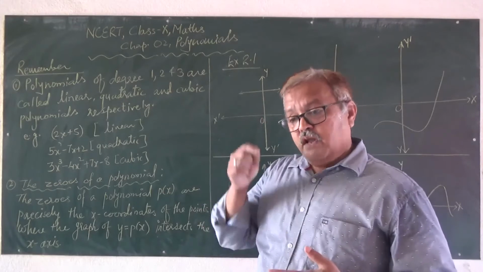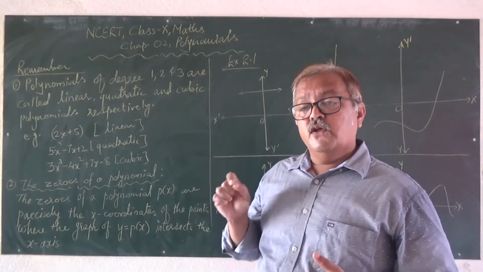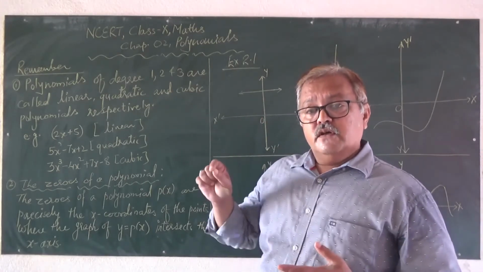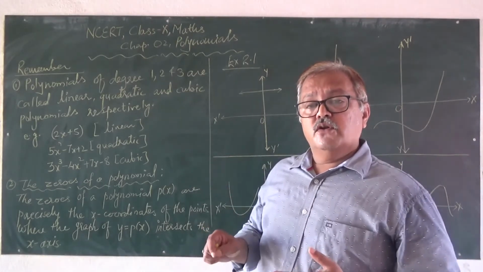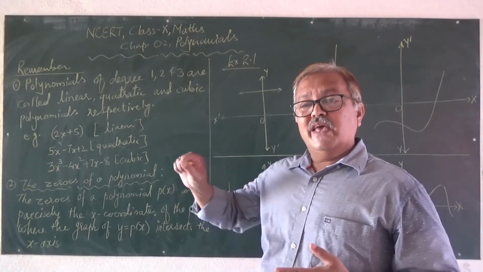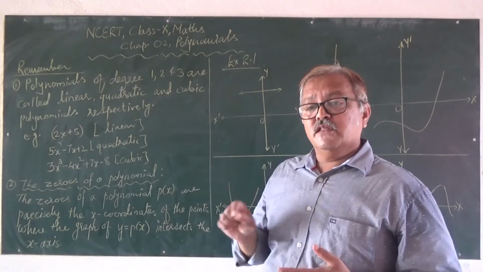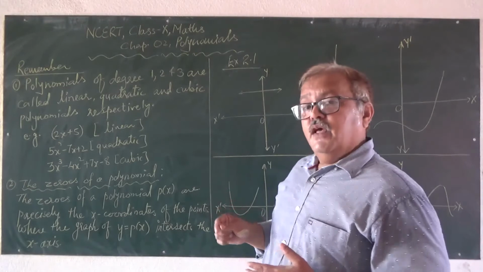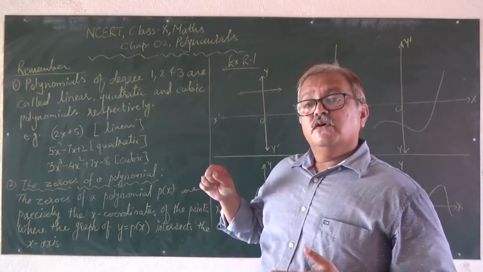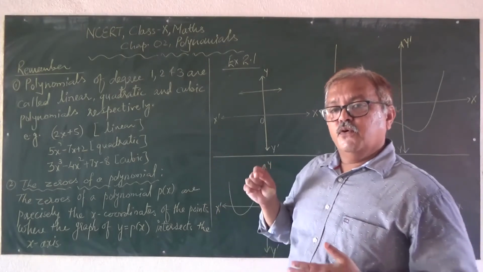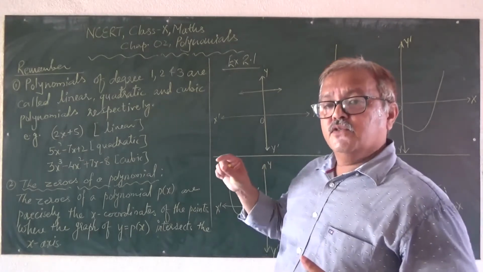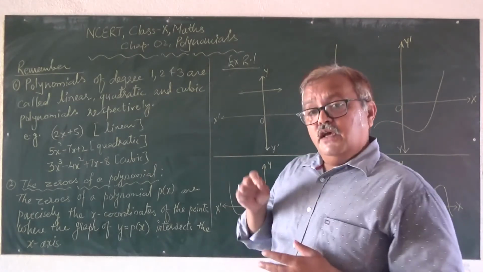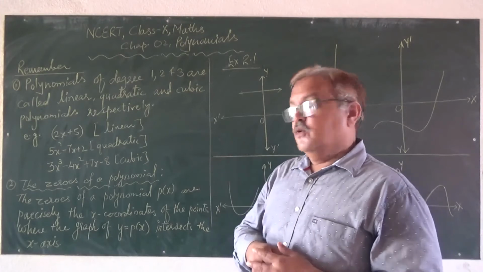In 9th standard we saw how to calculate zeros by substituting a value to check whether 2 is a zero of the given polynomial or not. Wherever x is there, you substitute x by 2 or half, whatever the value, and if the value of the entire polynomial turns out to be 0, then you say 2 is a zero of that polynomial.